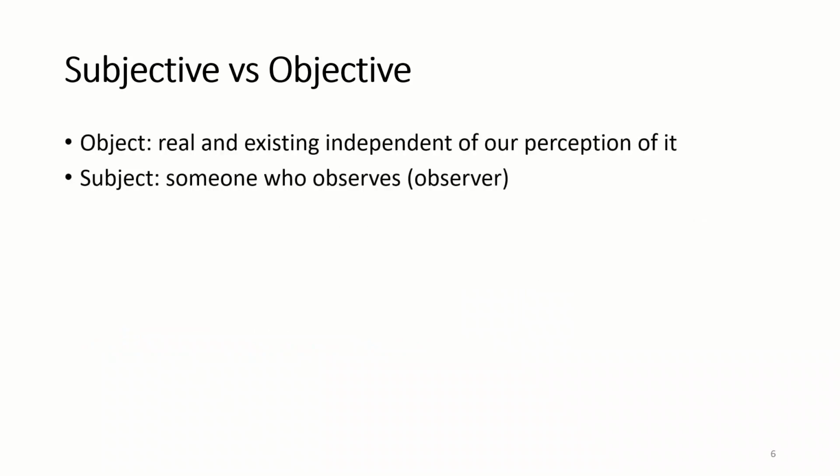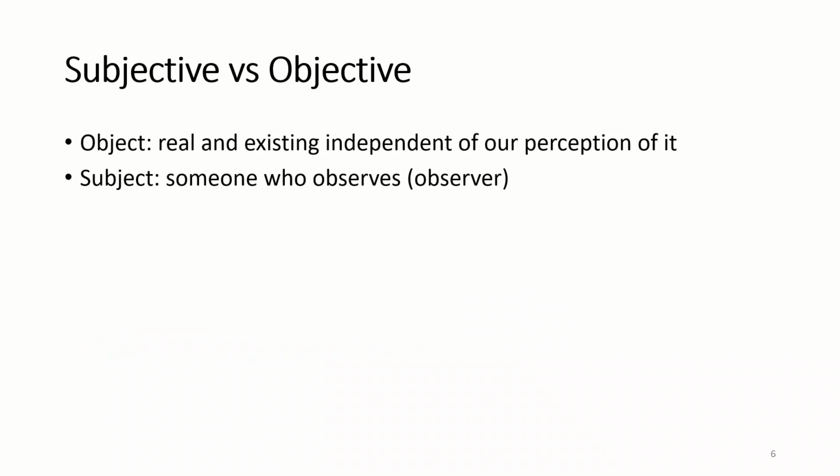Okay. So we also learned about subjective and objective thinking. One of the important things here is to learn what an object is. An object is a real entity that exists independent of our perception of it, and a subject is someone who observes it. So our observer is a subject.